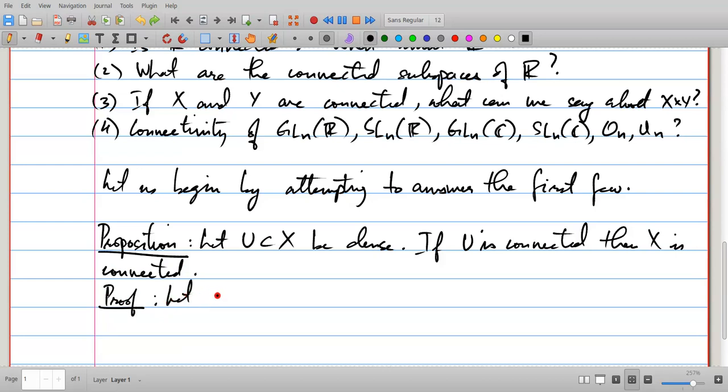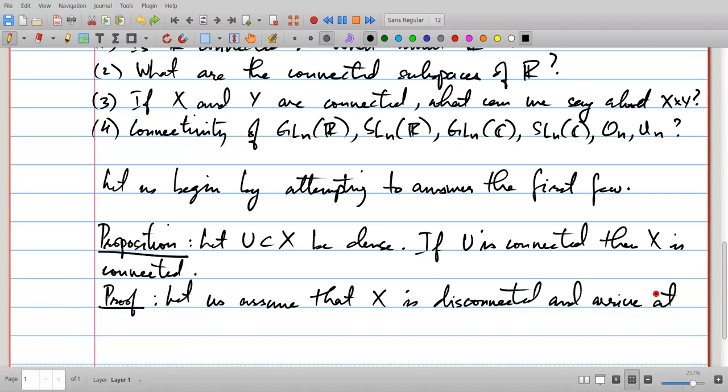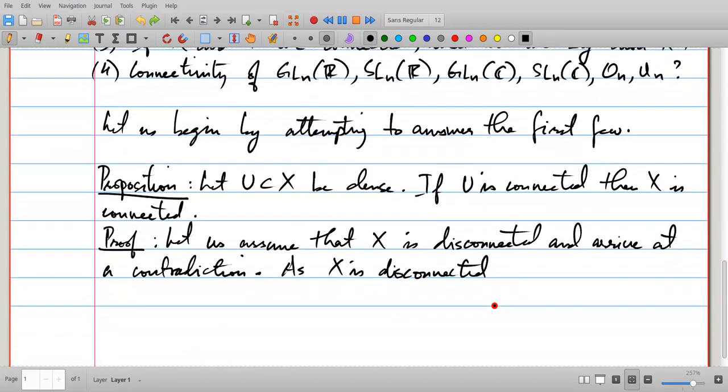We'll prove this by contradiction. So we assume that X is disconnected and arrive at a contradiction. So as X is disconnected, this means that we can find a disconnection.